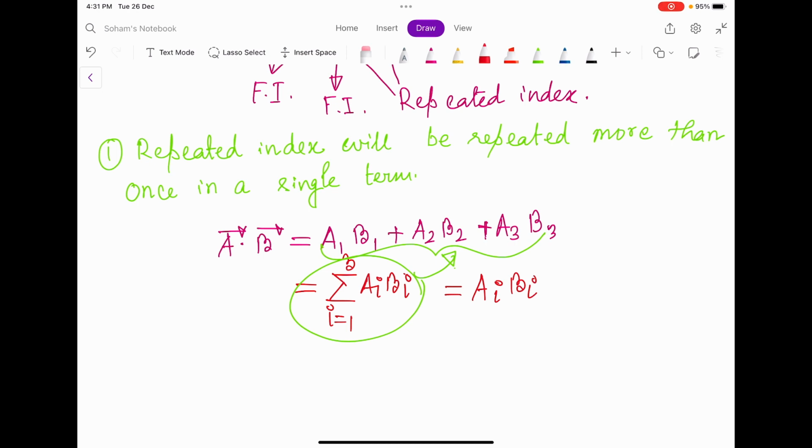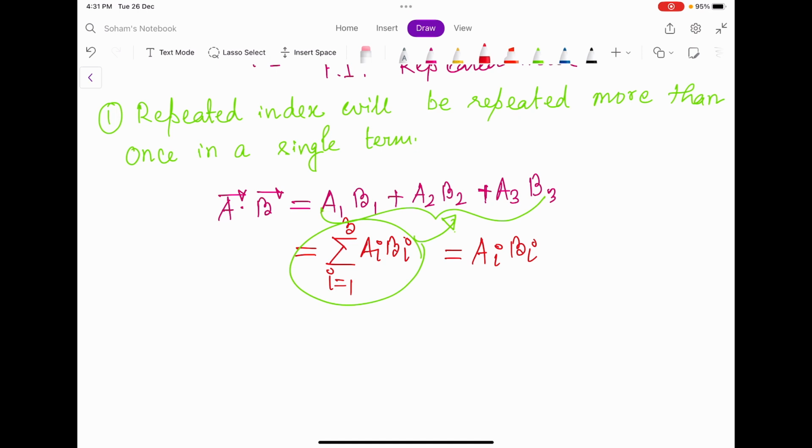So whenever we see any repeated index, then that means that we are applying the summation over that index. So this is the significance of the repeated index.